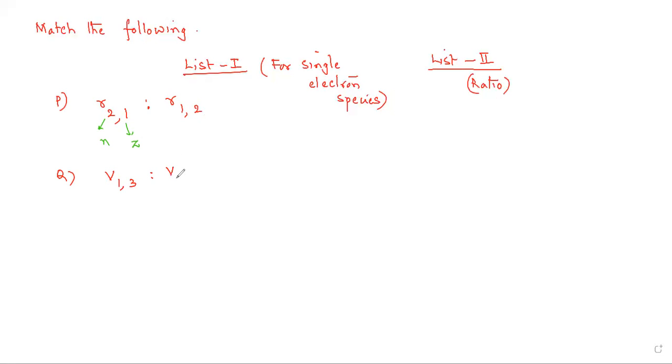V13 is to V31. T12 is to T21. S, K12 is to K21. So here, you know this T is the time period of revolution.